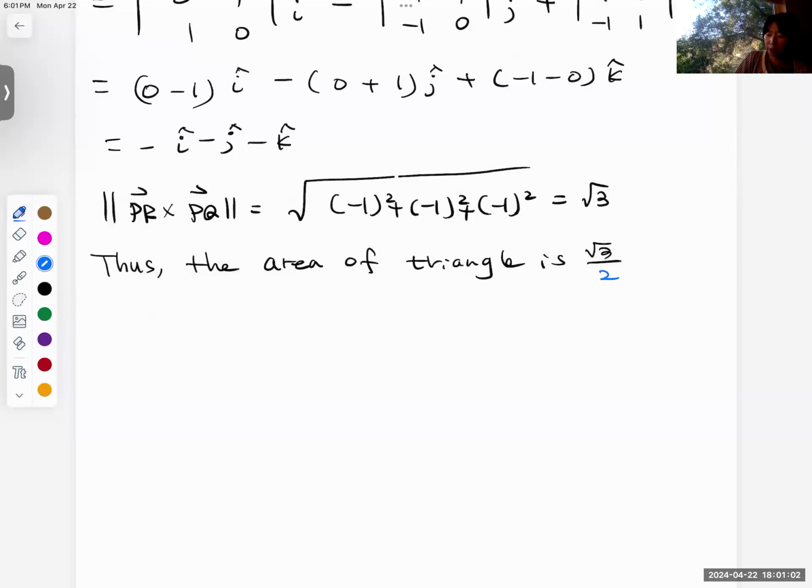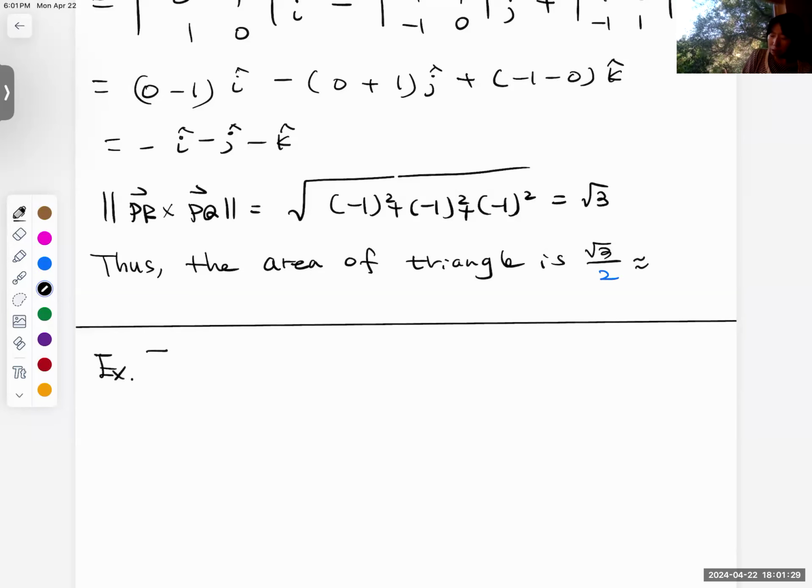I just explained that to you, right? Can you please calculate approximately? While I'm writing this one, please calculate. 0.866? No, okay. Someone confirm?